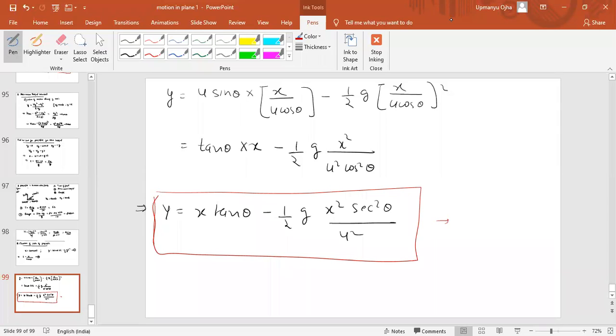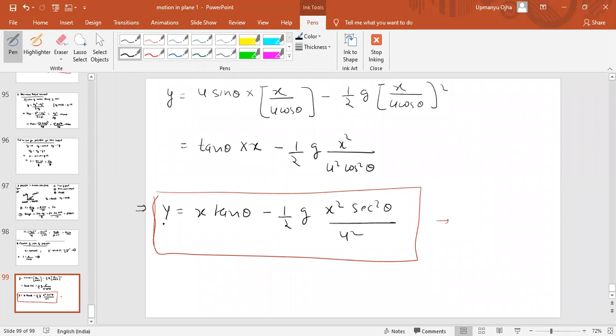Okay, fine. So basically this is the equation of projectile. We are eliminating the time t to get the equation of projectile in terms of x. You can see here that this equation is like y equal to mx minus something, where tan theta is constant, g by u square is constant, and secant square is constant.